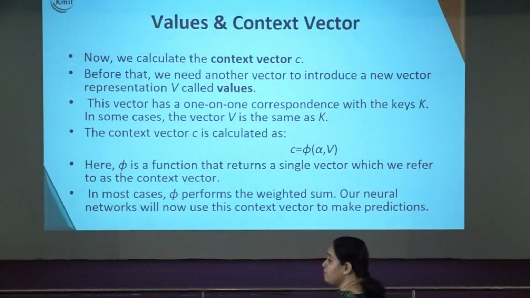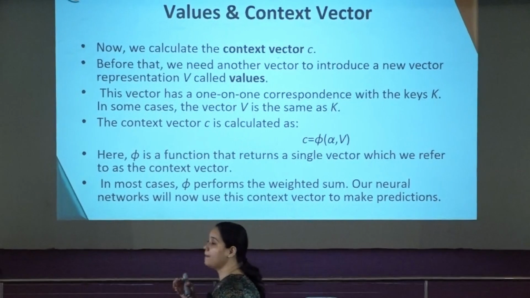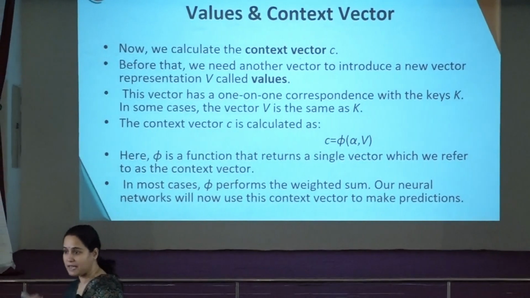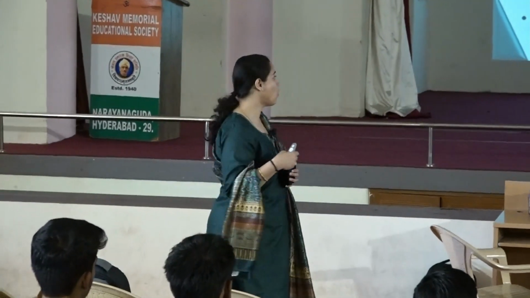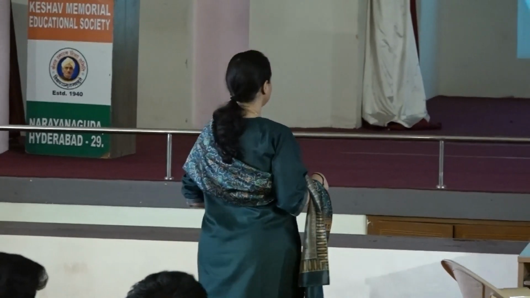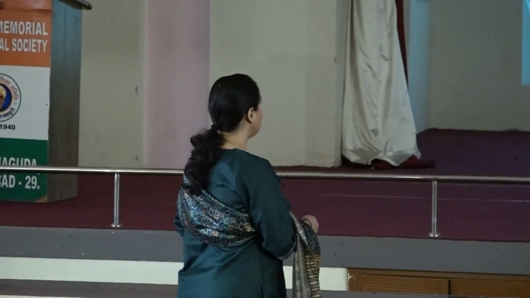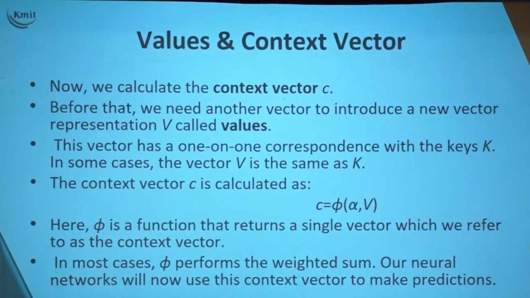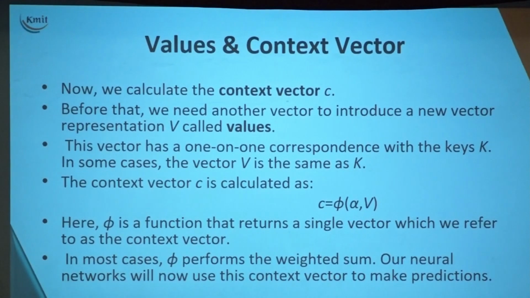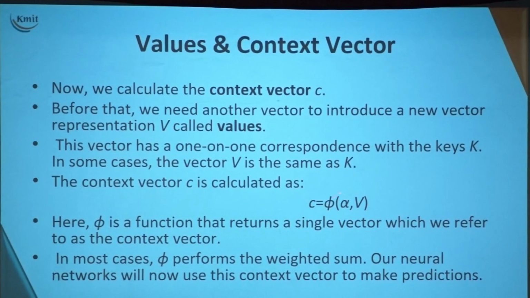Before that, it is important that you should have the embedding vector of every key, which we call here the values. So you will have to call the values also, and then the context vector will be calculated as a mathematical function, basically a weighted sum operation. Here it is represented as a mathematical function called phi.